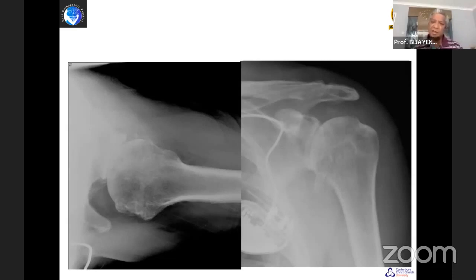Here, there is a reasonable subacromial space. The accepted normal height, in which the magnification is known, the lower limit where you think the cuff may be intact is about 7 millimeters. So on this one, it looks like it may be okay.